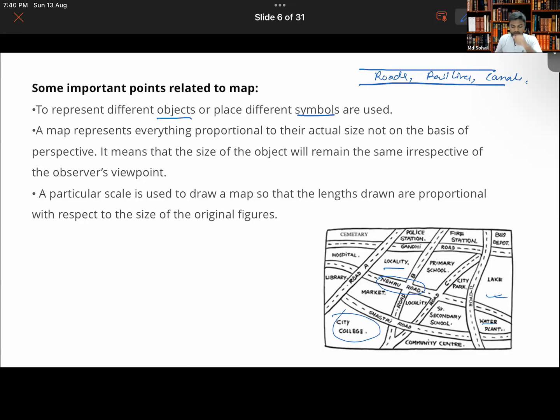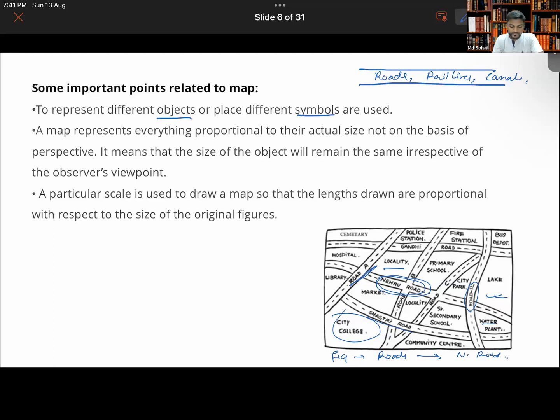Roads are given here: Road A, Sastri Road, then Road D. All the roads connecting to the Nehru Road are given here. This Nehru Road is a junction of all the roads.